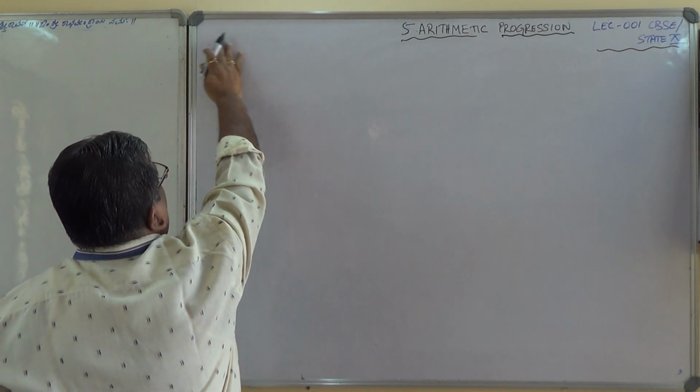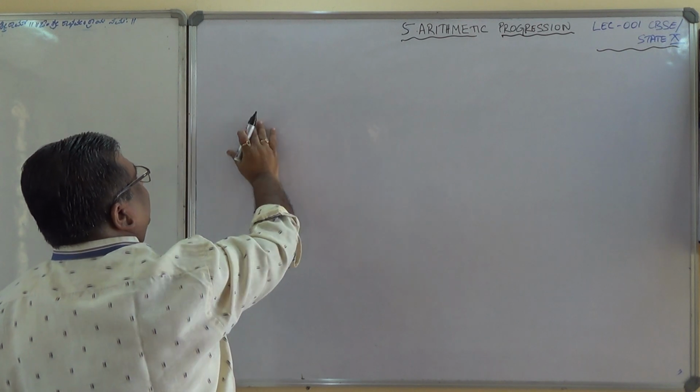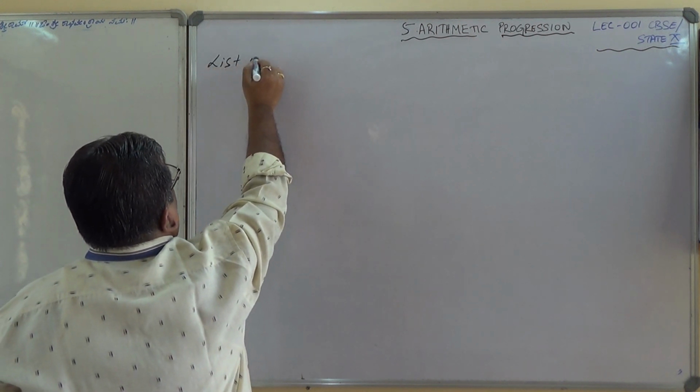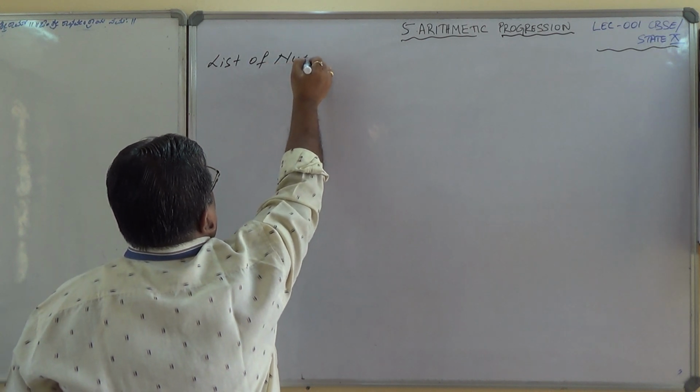Let us have a look at a list of numbers, which is also called a sequence, and observe something in that.